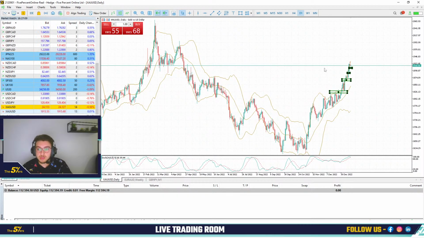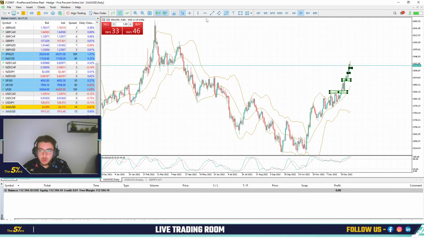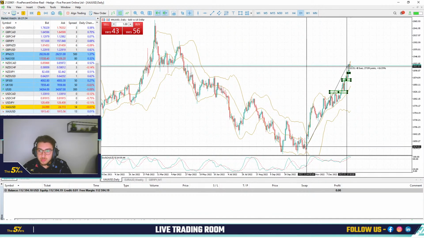But again, if you look at the daily chart, and this is something I said already, gold and silver, which are metal commodities, have a very good opportunity this year and the next years to make a new high and break this. Again, if you're a trader and not an investor, it's quite difficult to position yourself when the market in gold has already moved up 16% from the bottom.